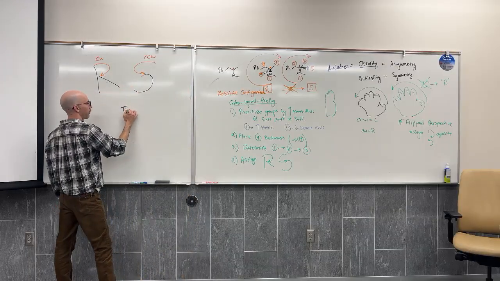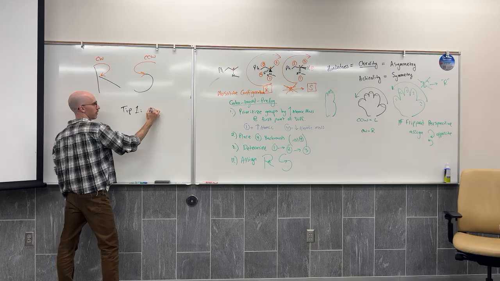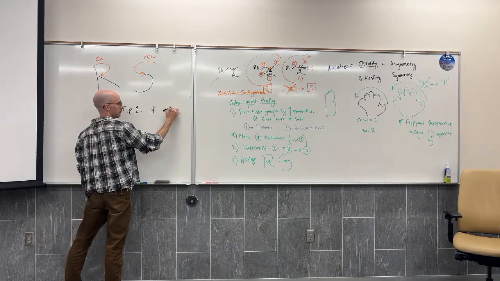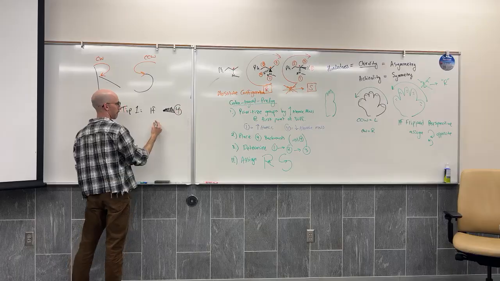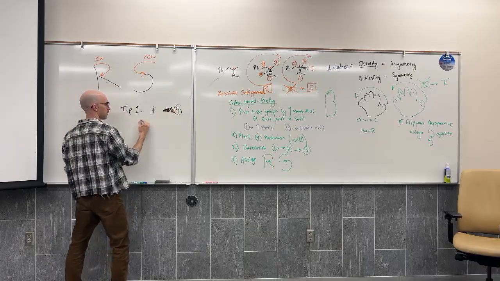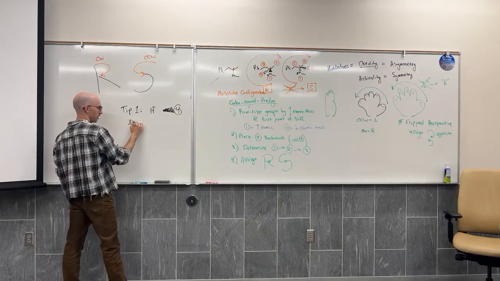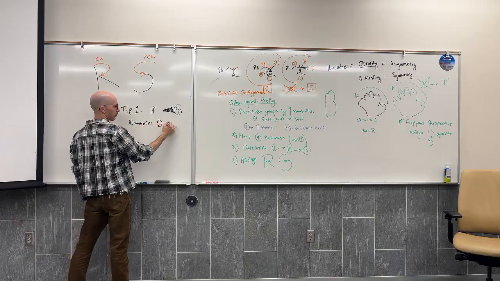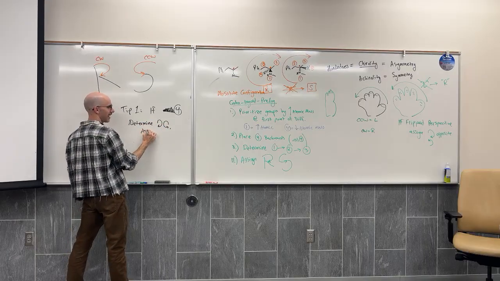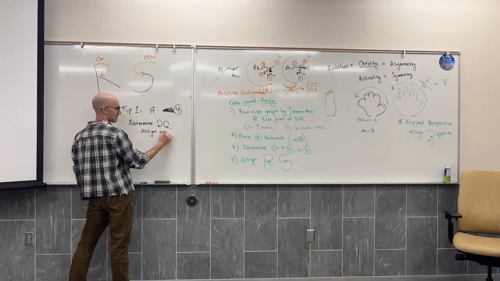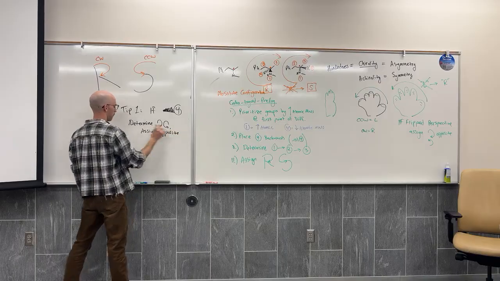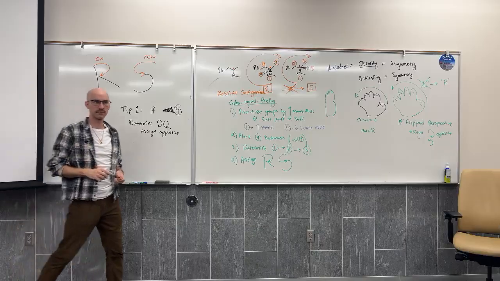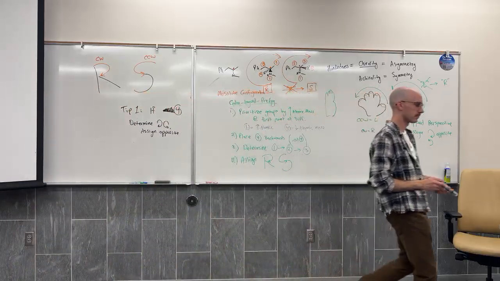If priority 4 is forward, then determine rotation clockwise or counterclockwise, but assign opposite. So if you flipped it, the rotation will be counterclockwise R.